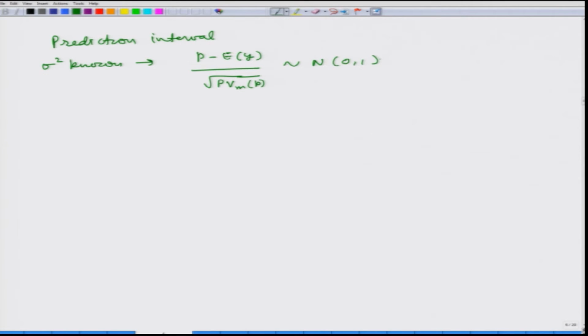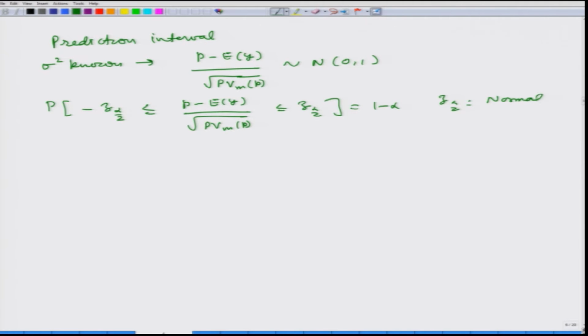So, based on that we can write the probability that minus z alpha by 2 is less than (P minus expected value of Y) over the standard error, which is less than z alpha by 2, is equal to 1 minus alpha, where z alpha by 2 are the values obtained from the normal tables, as we have done in the case of regression parameters also.